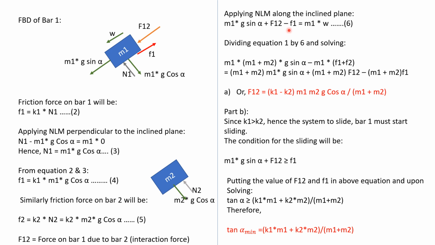Now we will apply Newton's law of motion along the inclined plane on bar 1. So this is m1 g sine alpha plus F12 minus F1 is equal to m1 into W. If you see equations 1 and 6, we will divide equation 1 by 6 and, solving, we will get this.